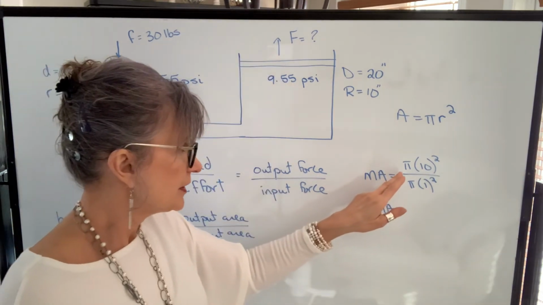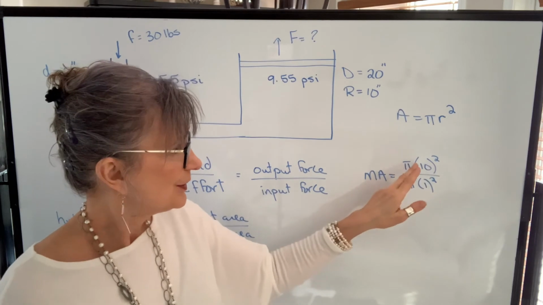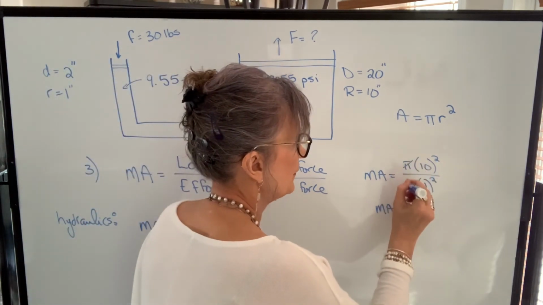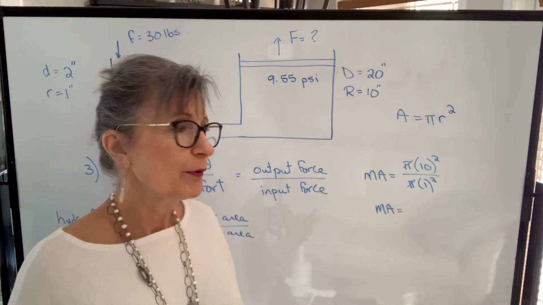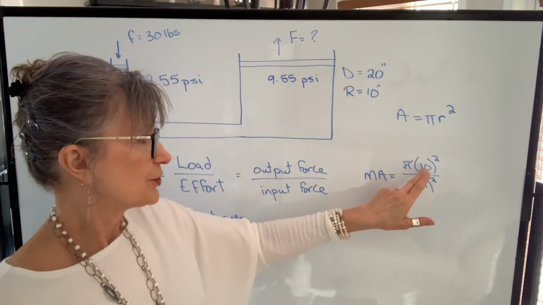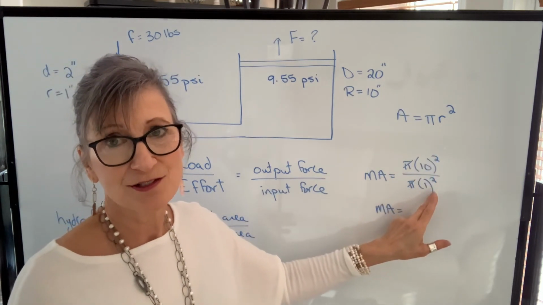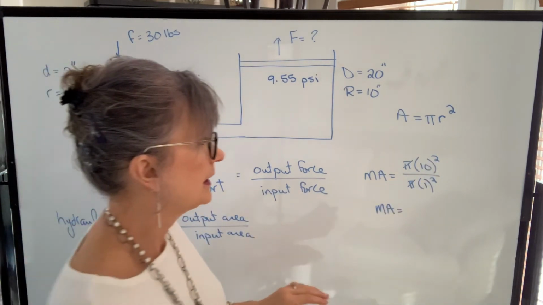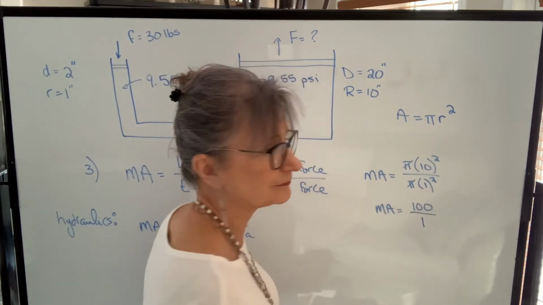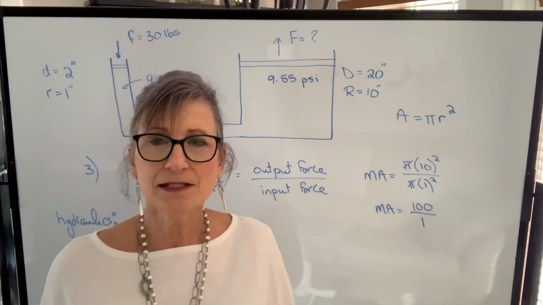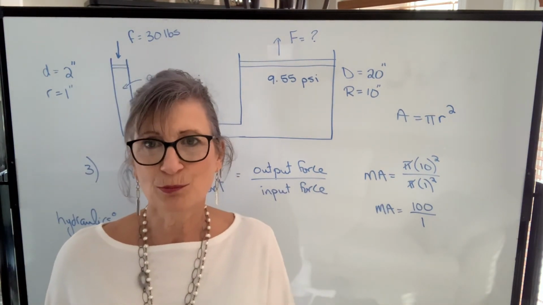So you could actually find the areas and then find the ratio, or you can take a bit of a shortcut. Notice we have a factor of pi in the numerator and we have a factor of pi in the denominator. So really all we have to do is take the ratio of the radius squared in the output and the radius squared in the input. This gives me a mechanical advantage of 100 to 1. What that means is this hydraulic system can lift 100 times whatever the input force is.